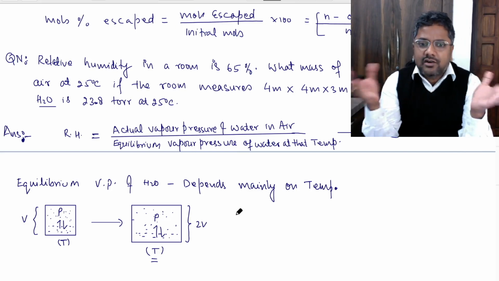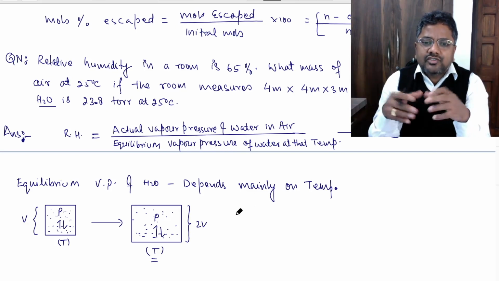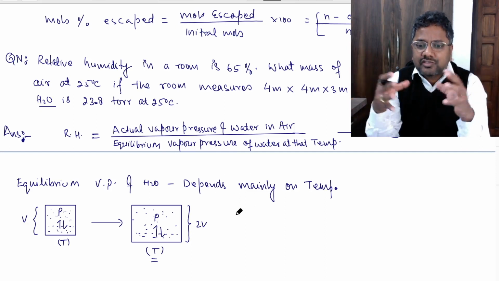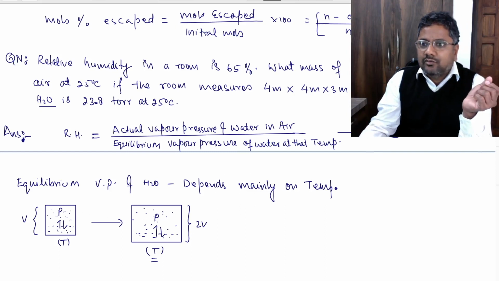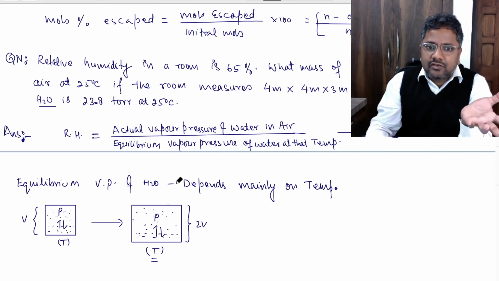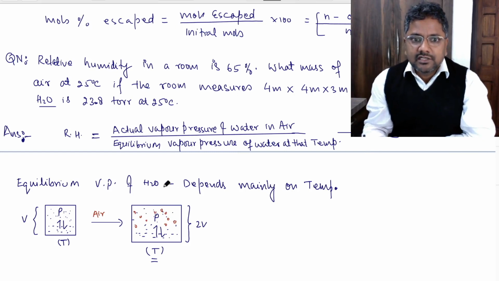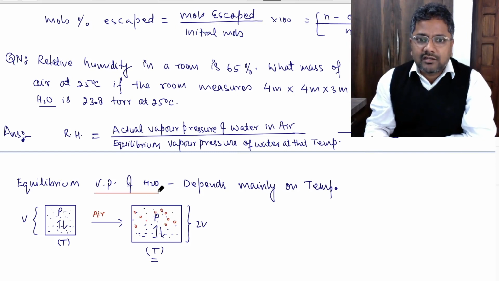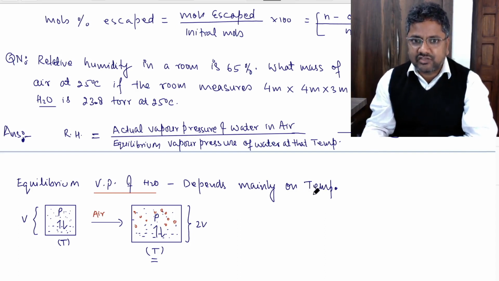So if you increase or decrease the volume of the container, or put in additional gas molecules, say you change to 2V volume and pass air in, there is no change in the vapor pressure. So the equilibrium vapor pressure of water mainly depends on temperature.